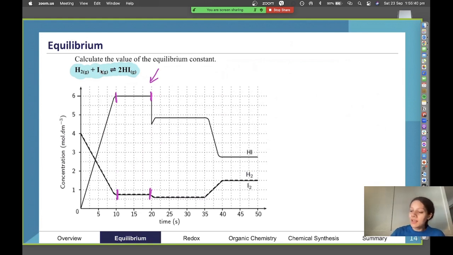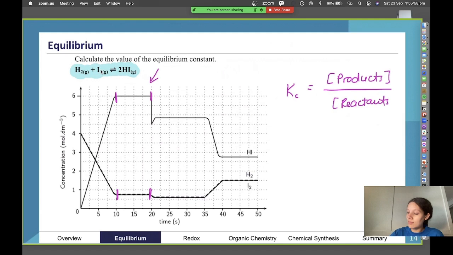All right, I'm going to start writing out the equilibrium constant. First we'll start off with writing just the equilibrium expression. For our equilibrium here, I'm going to think of this as we basically have our products over our reactants.